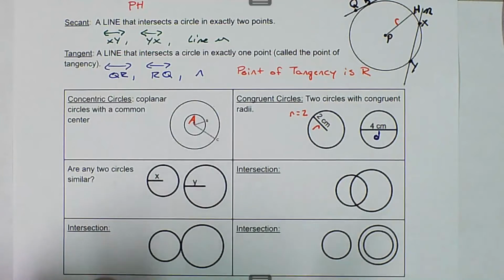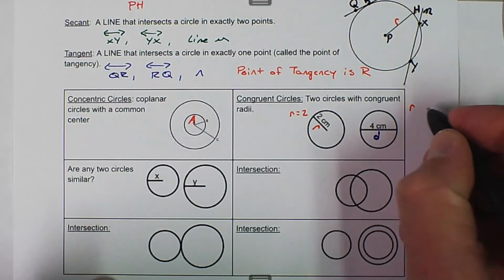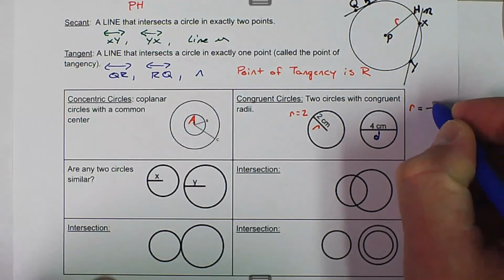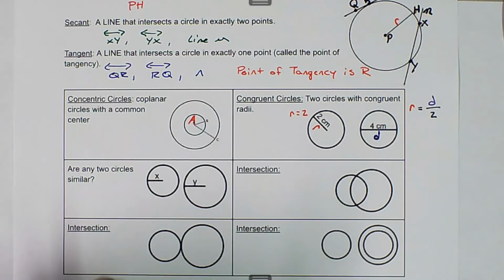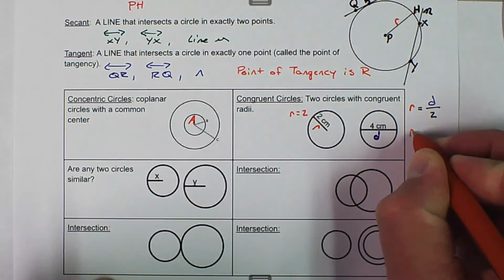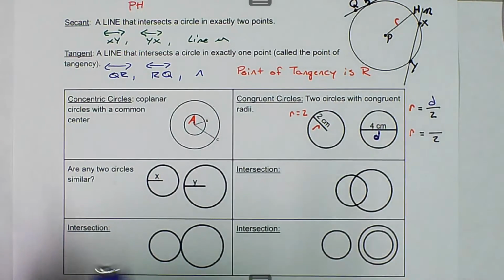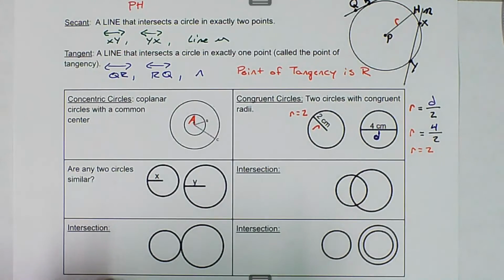The relationship between radius and diameter is that radius is equal to the diameter divided by 2, or the diameter cut in half. So in this case, our radius is going to be equal to the diameter divided by 2, which the diameter in this case is 4. So 4 divided by 2, and this one is also r equal to 2. Because both radii are equal to 2, that means that the circles are congruent.